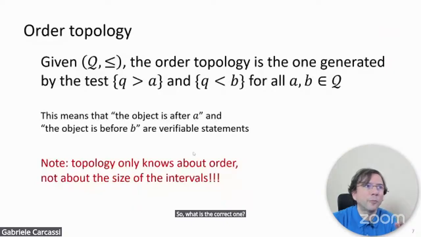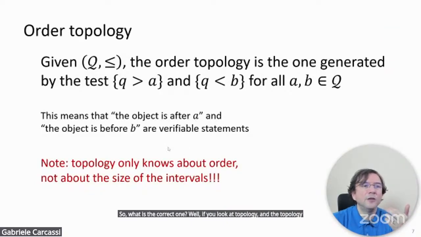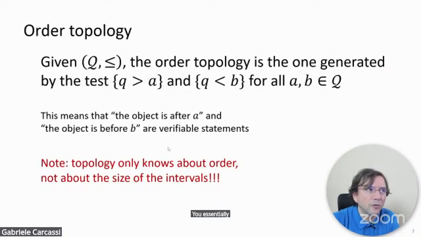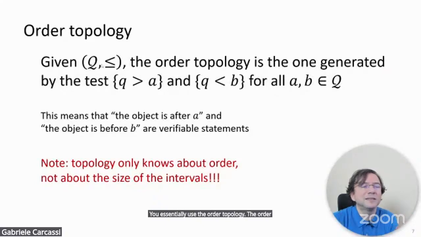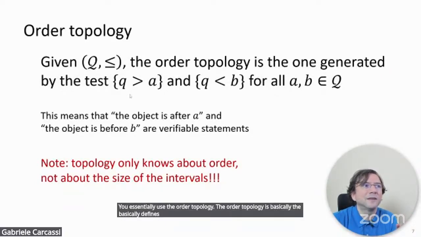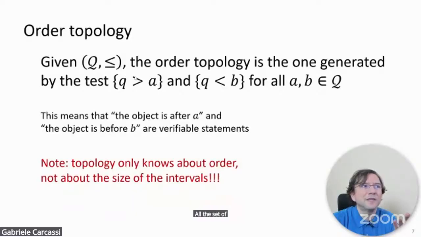Well, if you look at the topology of the reals, you essentially use the order topology. The order topology basically defines that all the sets of 'something is greater than A' or 'something is less than B' are open sets.